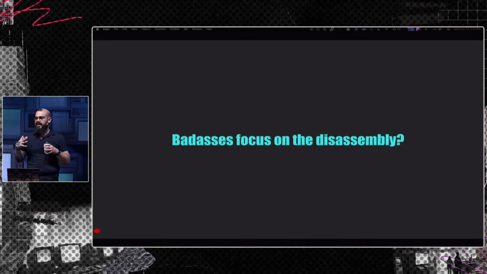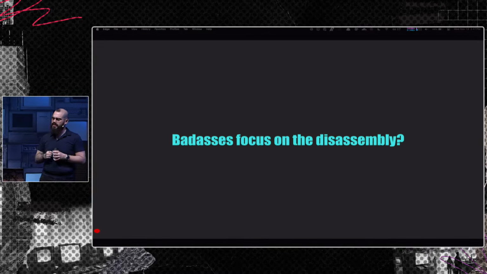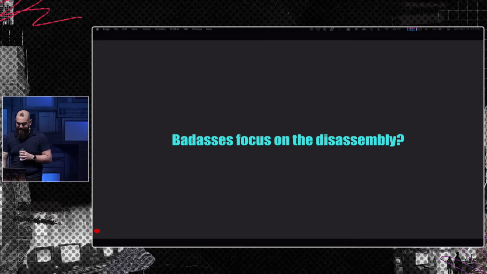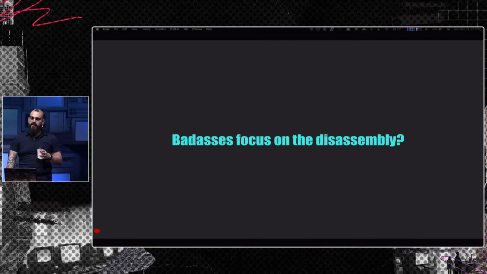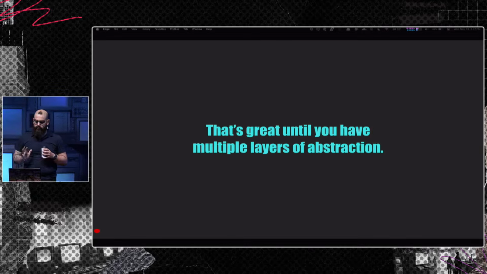I think there's this mentality, this kind of macho thing that, you know, hardcore reversers stare at the disassembly, they don't bother with the decompilation. F5 reversing is treated as a thing for softer folks. But the truth is that that's a really great way to look at things right until you reach multiple layers of abstraction.